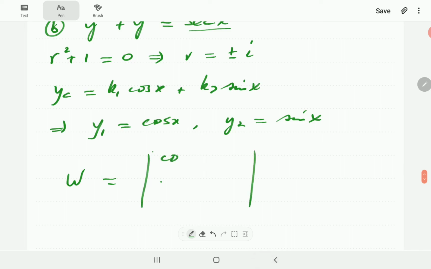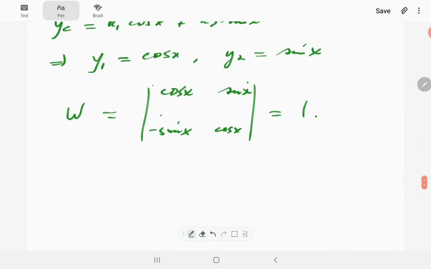These two form the first row of our Wronskian, and in the second row we have their derivatives. This time the Wronskian works out to cosine squared plus sine squared, so the Wronskian is equal to 1.